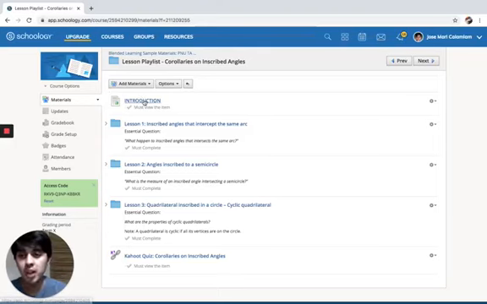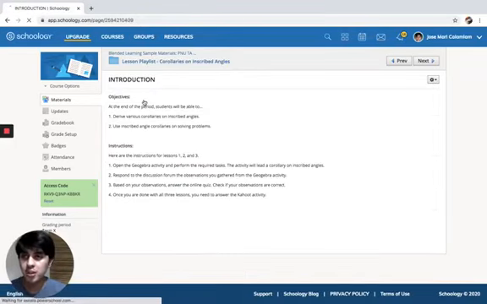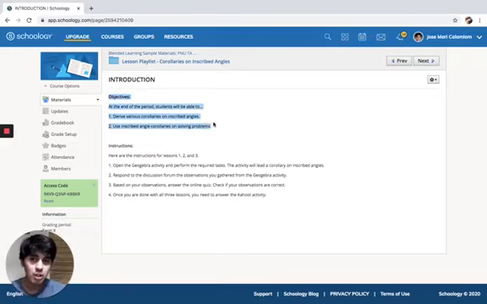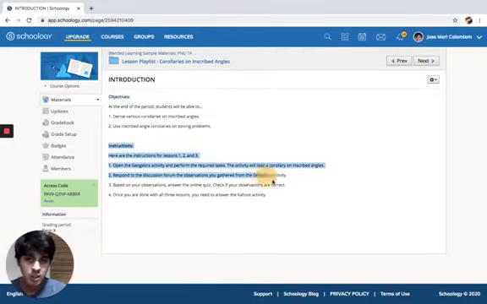Okay, so let's start first with the introduction. You will start with the objectives, and after the objectives, you will have the instructions. These are general instructions for lessons 1, 2, and 3 because the instructions will not be repeated for the 3 lessons. They will open a GeoGebra activity that will lead them to the corollary on inscribed angles.